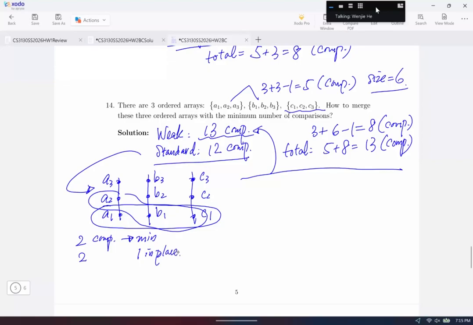So definitely it's not efficient, because in the 2 comparisons, some of the comparisons are reusable. So here the problem is some of the comparisons are reusable. So you need to consider the reusable comparisons.